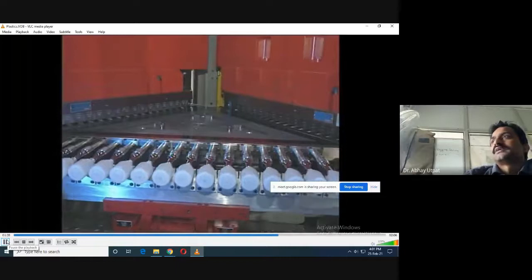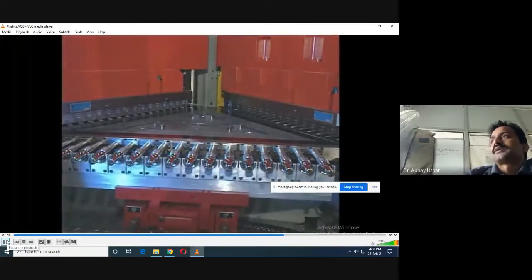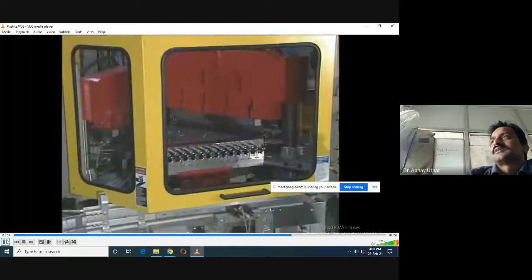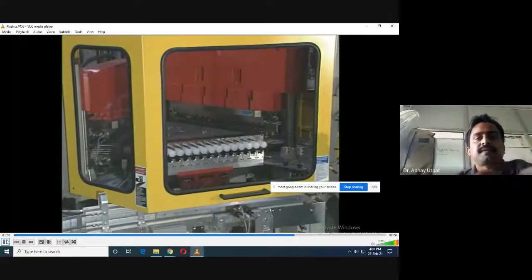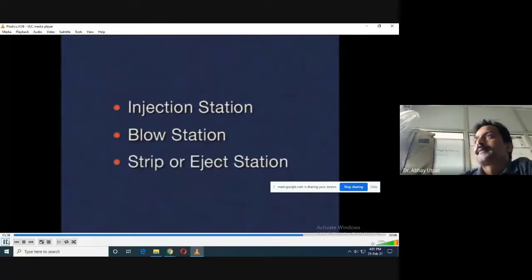See, on one side the parison is going and on the other side bottles are coming. Check this. See this. Injection station, blow station, strip and injection.